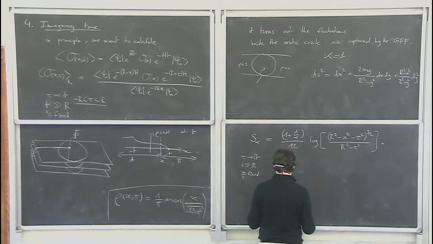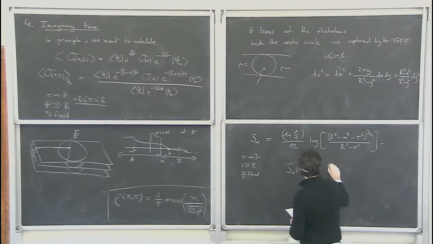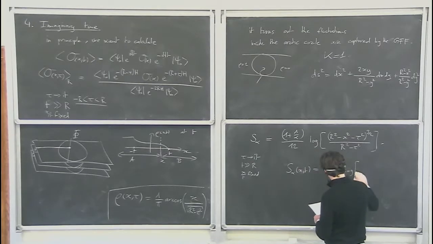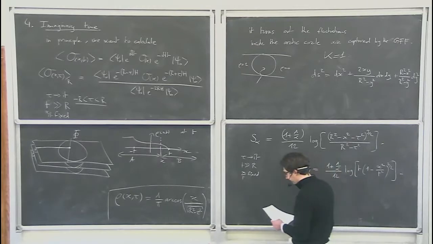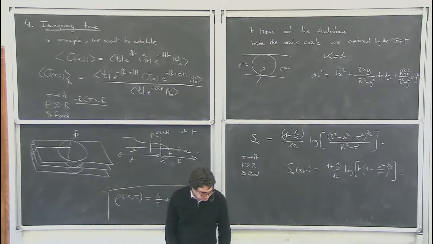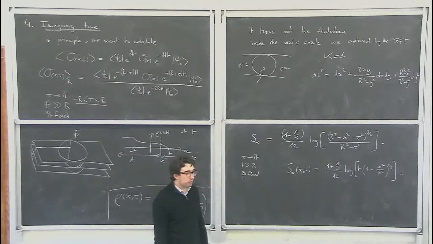And this gives the result in the form that I had presented in the beginning, so it gives this. So I think that's it. That's basically what I wanted to say.